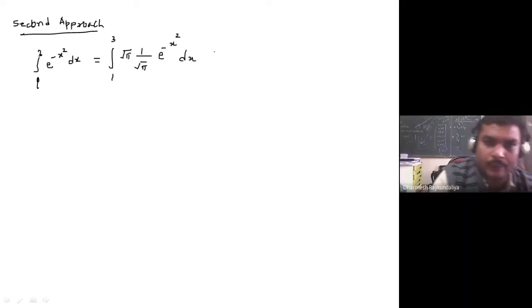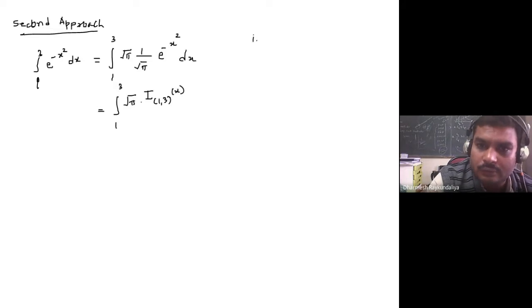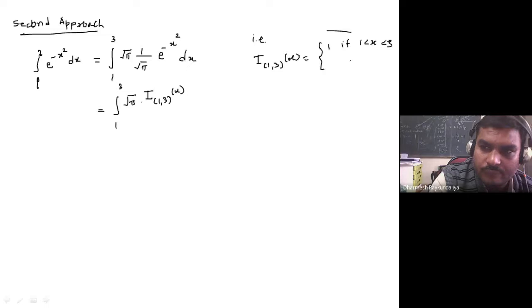Yes, sir. Okay. So I am also adding one indicator variable: root pi into the indicator variable I_{1,3}(x), which takes value 1 if x lies between 1 and 3, and 0 otherwise.